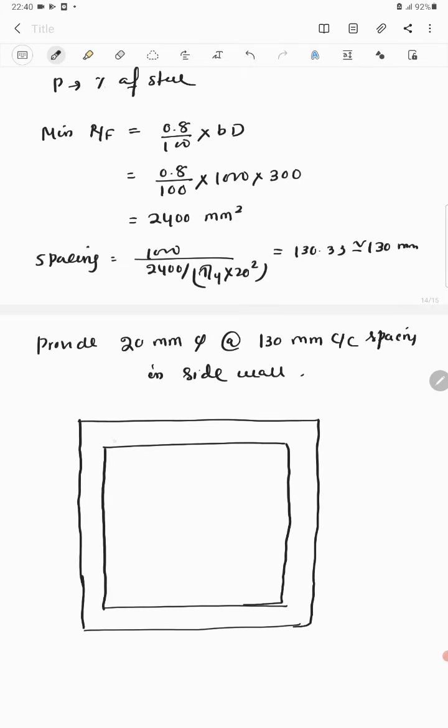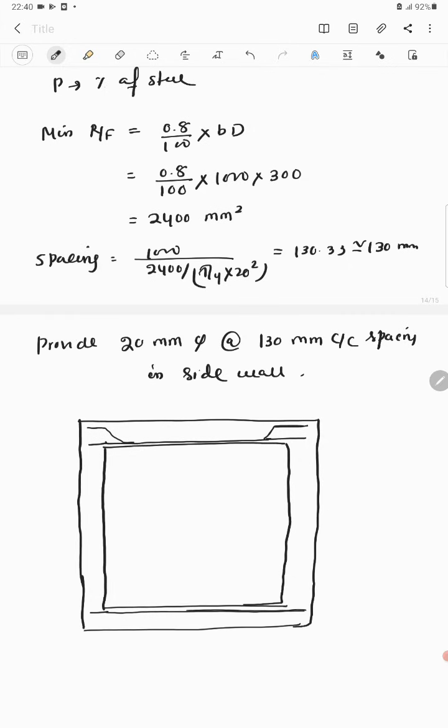Okay, so this is the reinforcement, and we have to bend each alternate bar. So one bar will be like this, and each alternate bar we are bending here. Similarly here also.